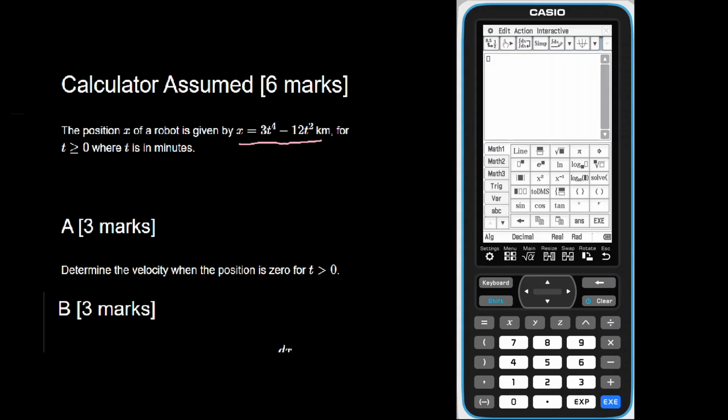Just to recap on how this all works, we've got our displacement, which is given by x, so that is x of t. We have our velocity, and by the way, this is in kilometers.